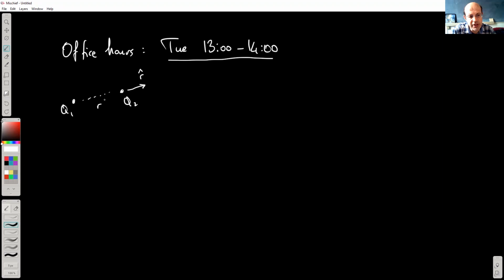That's basically the unit vector for the vector pointing from 1 to 2. So then we have said that the force on 2 is equal to 1/4 pi epsilon 0 Q1 Q2 divided by R squared times the R unit vector.